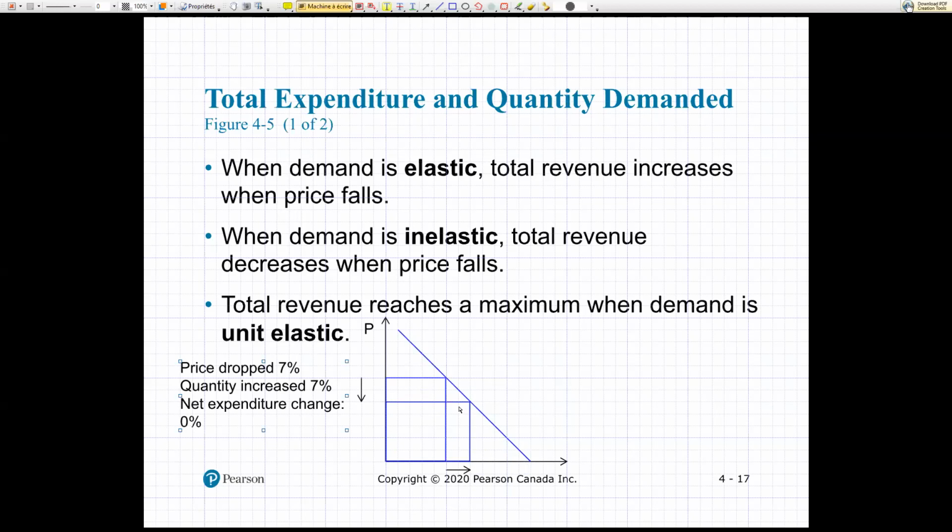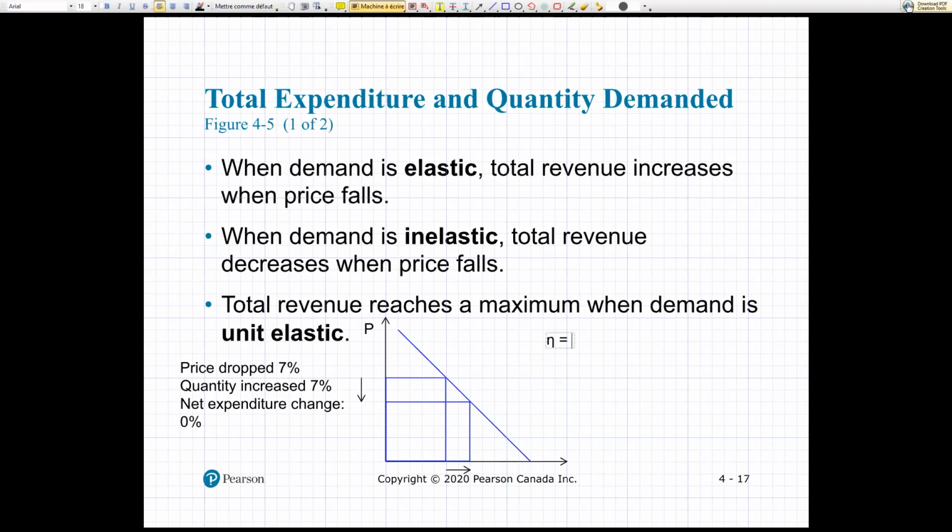So here in the middle of my graph, the percentage change of price is exactly the same as the percentage change of quantity, so the net expenditure change is 0%. And what is the elasticity now?